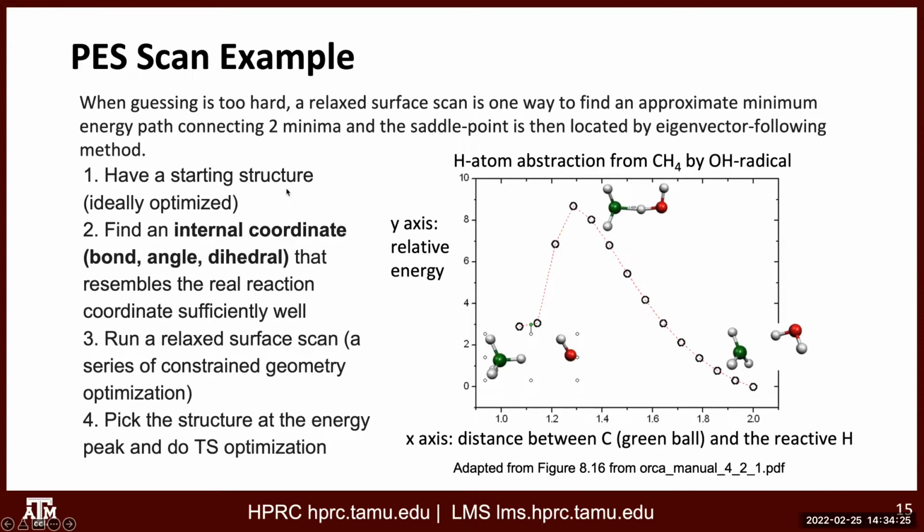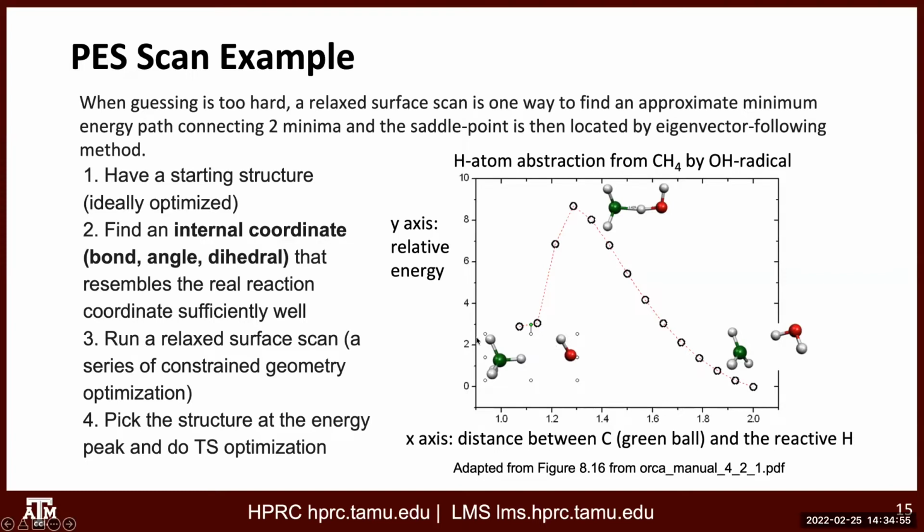The starting structure is not always required to be optimized, but it would be better if it is a stable, optimized starting structure. And to be able to do a scan, you need to find an internal coordinate that resembles the real reaction coordinate sufficiently well.